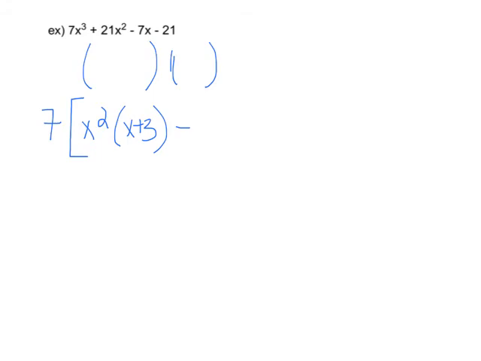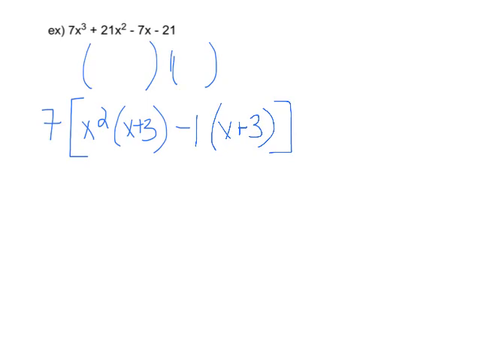So when I factor out that negative 1, I'm going to have negative 1 parentheses x plus 3. And I'm going to close my bracket.